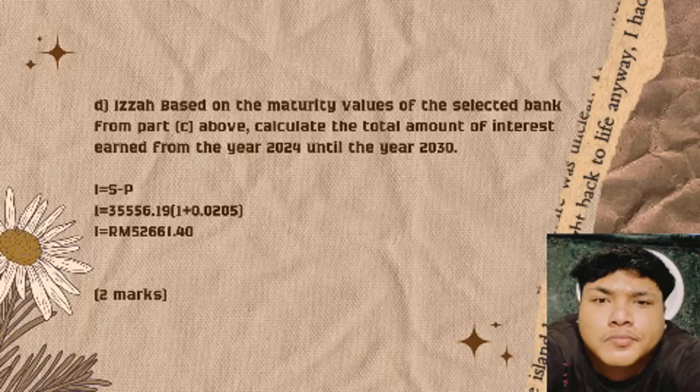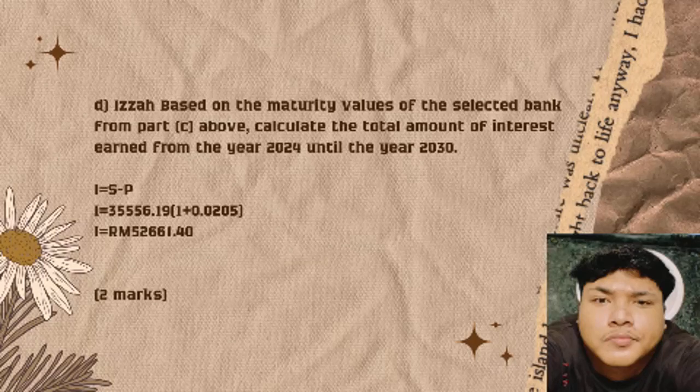Question 1D. Izzah, based on the maturity values of the selected bank from part C above, calculate the total amount of interest earned from the year 2024 until the year 2030. It equals RM35,556.19 for P, (1 + 0.0205).